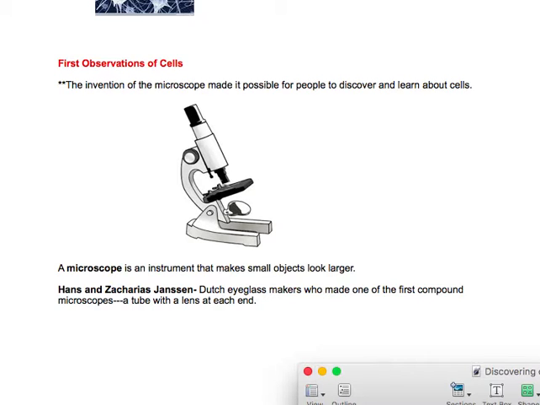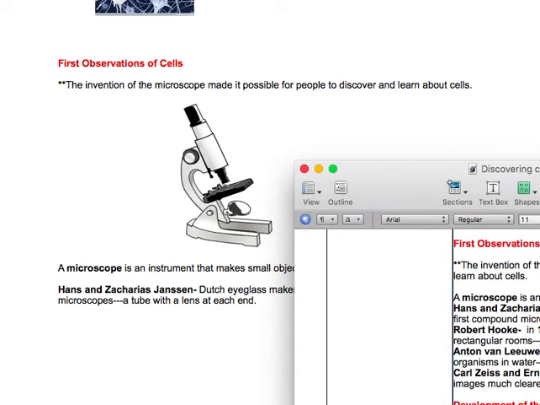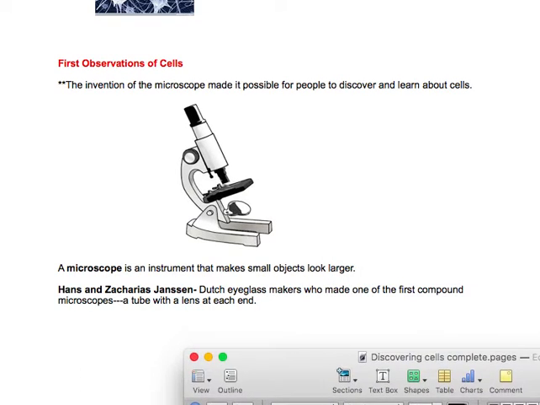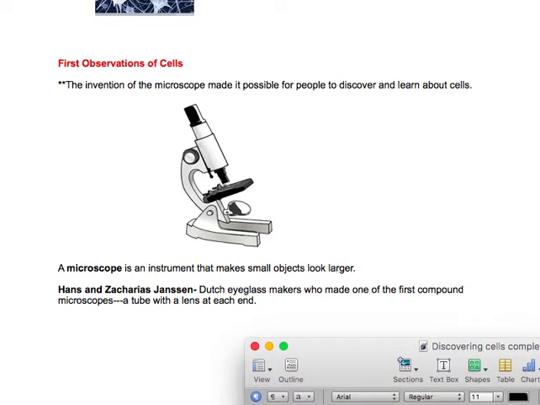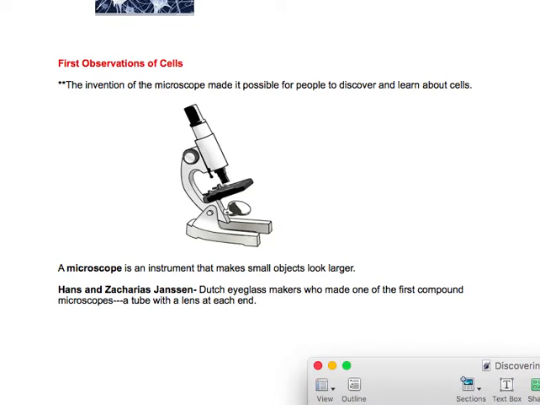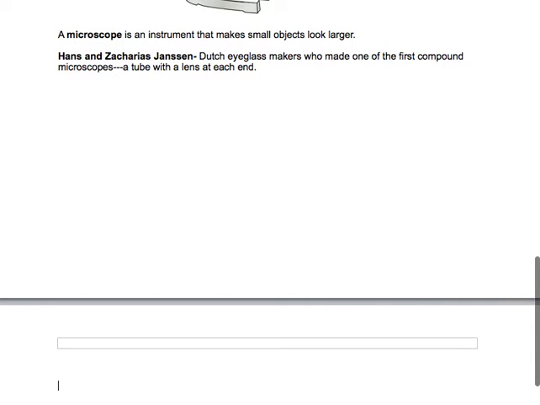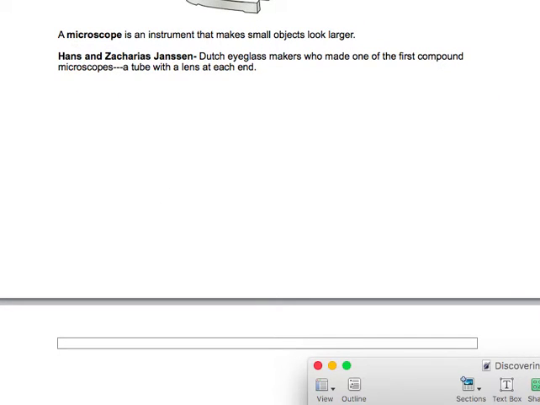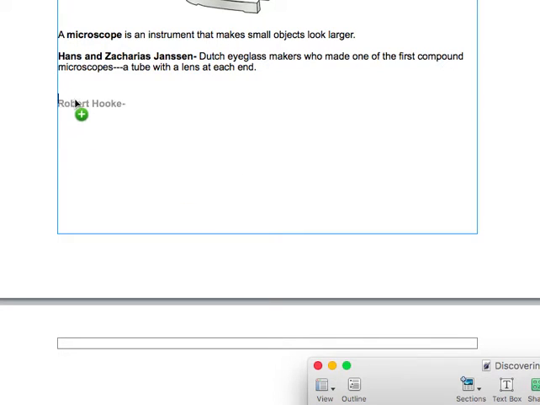Obviously, the fact that they were eyeglass makers really helped their cause because they had lenses at their disposal. I'm not going to talk too much about those two. Next, we're going to talk about Robert Hooke, because he's the guy who really came up with the name cell.